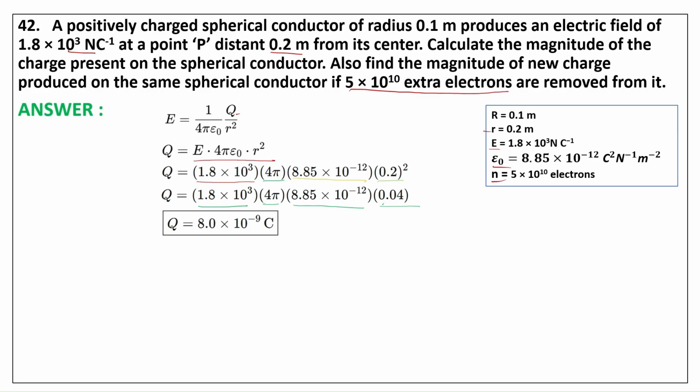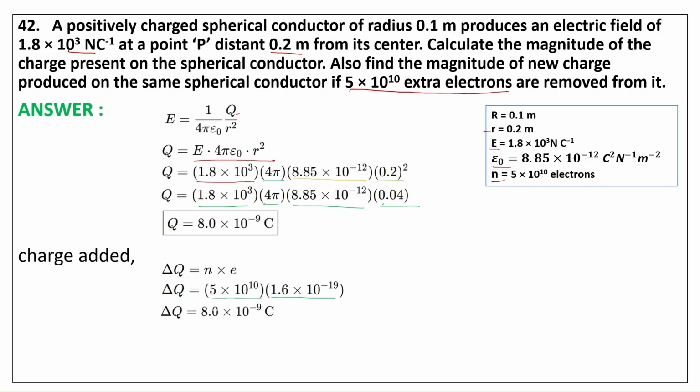Now, for charge removed, delta Q is equal to N into e. On substituting values we get delta Q is equal to 5 into 10 to the power 10 into 1.6 into 10 to the power minus 19. We get delta Q is equal to 8 into 10 to the power minus 9 coulomb. Therefore initial charge on the conductor is Q is equal to 8 into 10 to the power minus 9 coulomb.